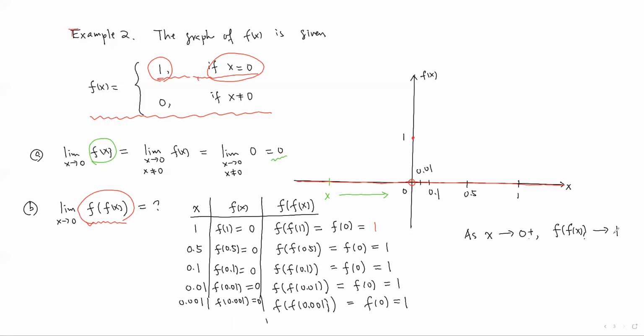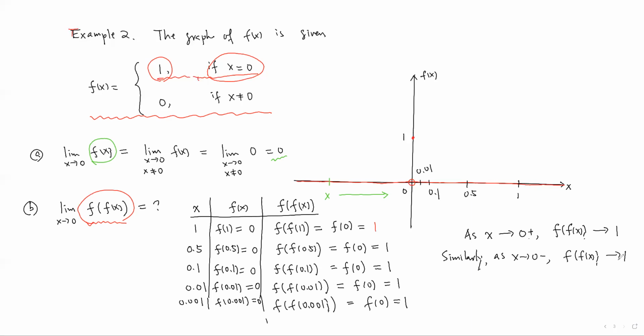This table is about x approaching 0 from the right side. From the left side, similarly, when x approaches 0 from the left side, f of x also approaches 1.